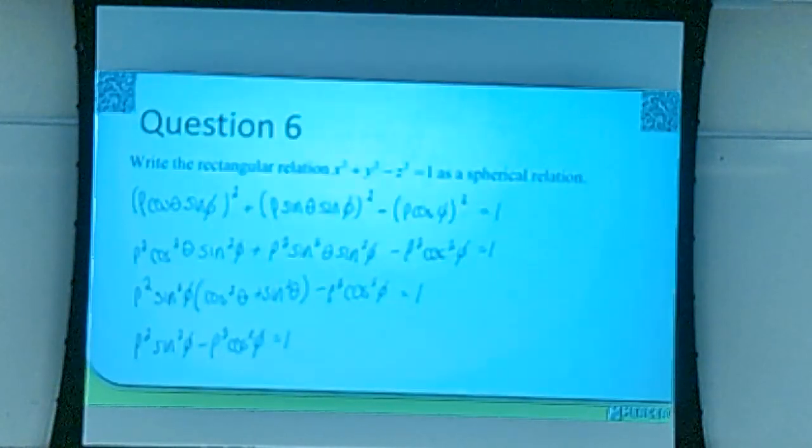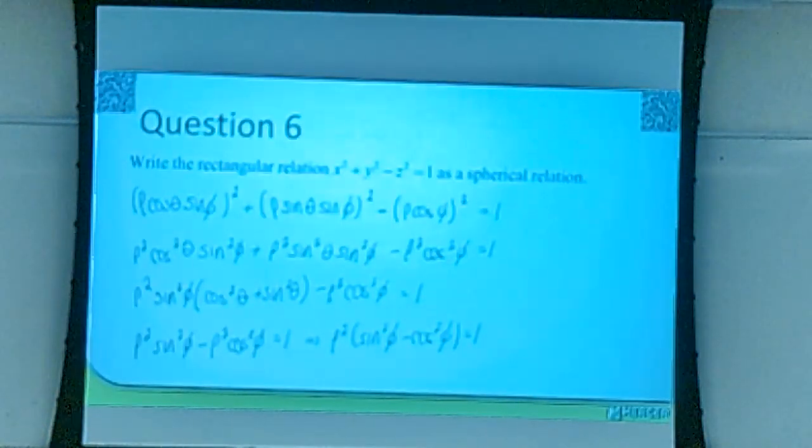Can that be simplified further? Yeah, factor out the rho squared. Can that be simplified further?